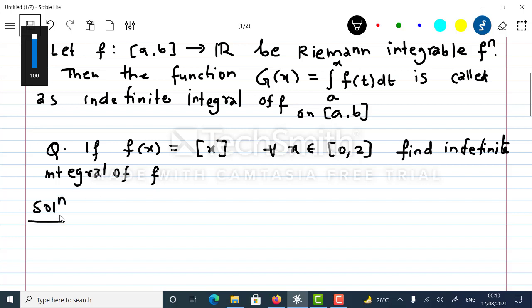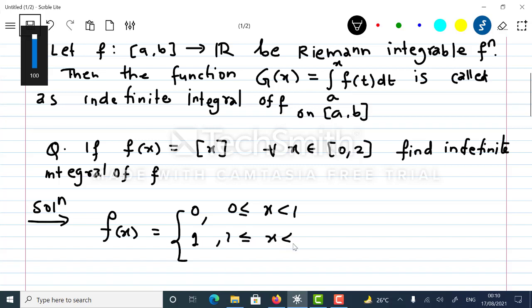Solution. So f of x is box x function, that is greatest integer function, so it is 0 if x is between 0 to 1, it is 1 if x is between 1 to 2, and it is 2 at x equal to 2.